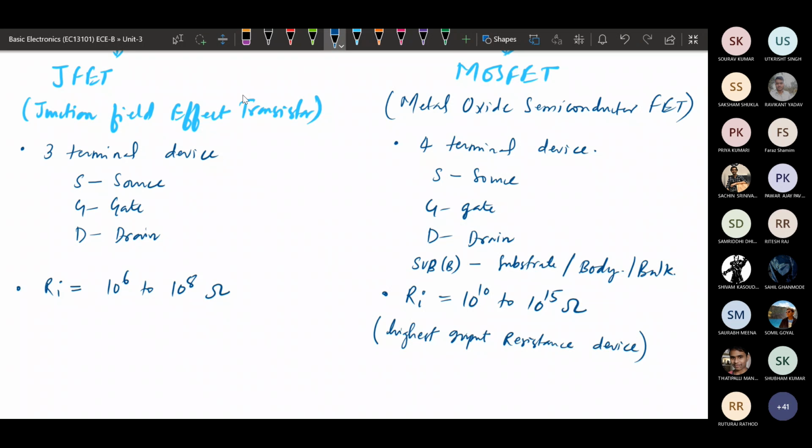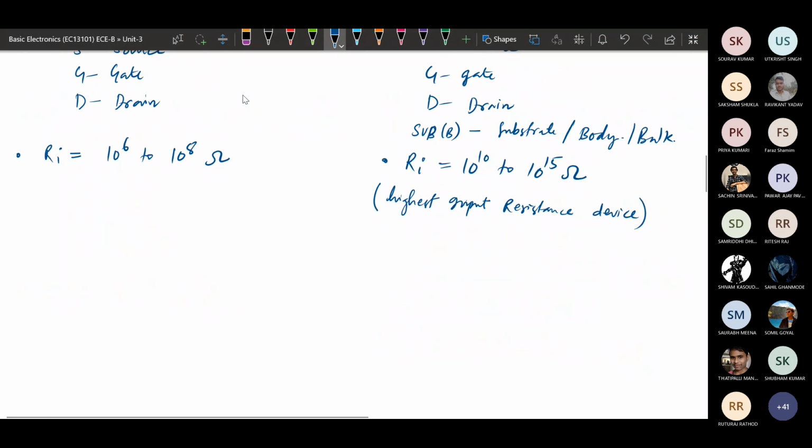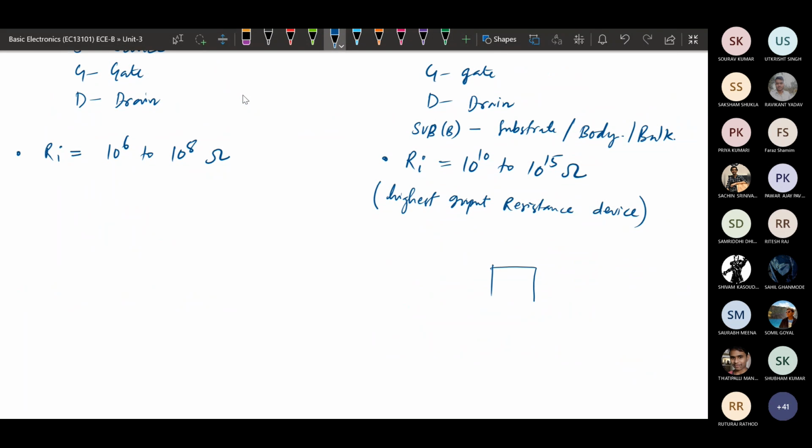So if any system is being implemented, then as the first stage these MOSFETs will be used. Suppose this is a system, and this is the input we are applying, so we need to place a device here.